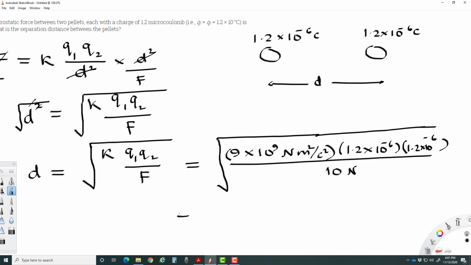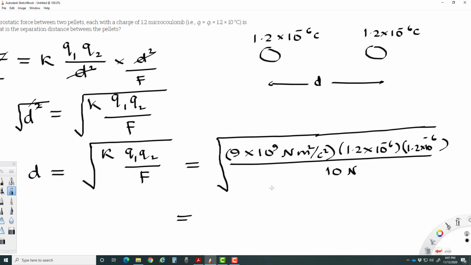Okay, so now we need to do the calculation. First you can calculate everything inside the square root, and then take the square root, or if you have a scientific calculator, you can just plug in all these terms.